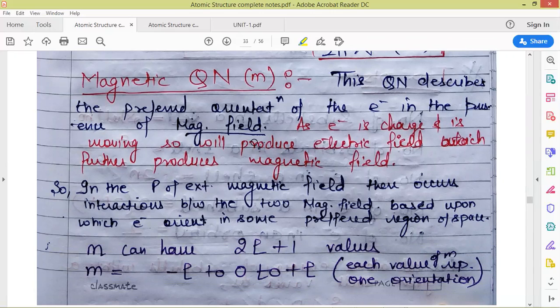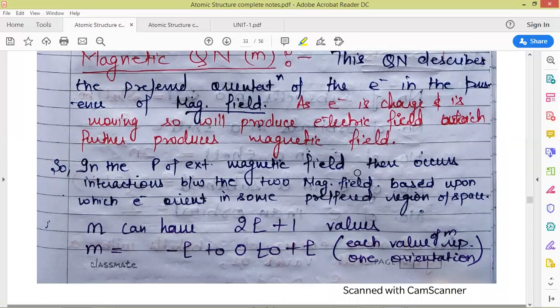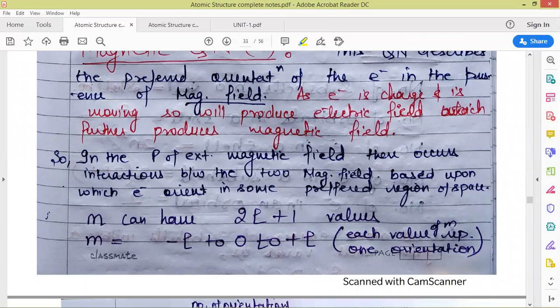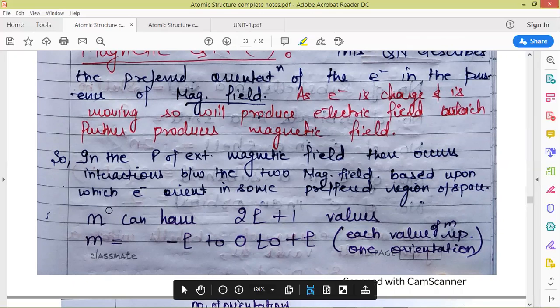So when an external magnetic field is applied, it will interact with the magnetic field produced by the electron. Based upon that, electrons orient themselves in three-dimensional space in some preferred regions, which are based upon different values of m.